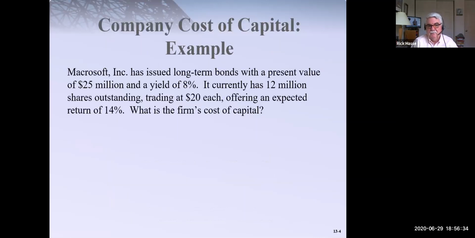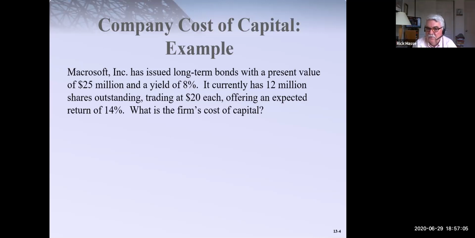So here's an example. Not Microsoft, but Macrosoft Incorporated has issued long-term bonds with a present value of $25 million and a yield of 8%. So they have to pay 8% on that money. It currently has 12 million shares outstanding, trading at $20 each, offering an expected return of 14%.